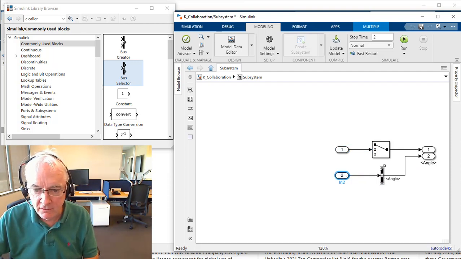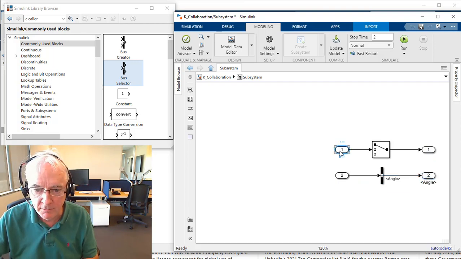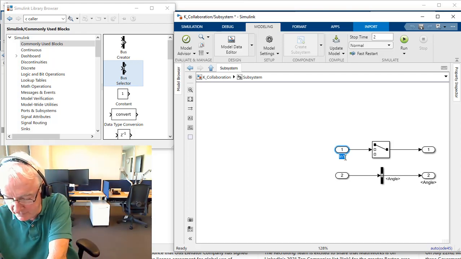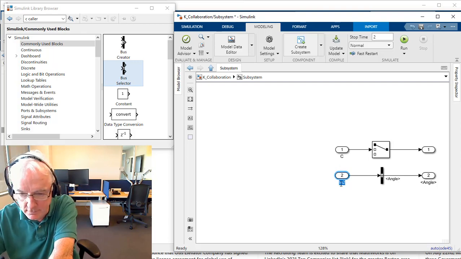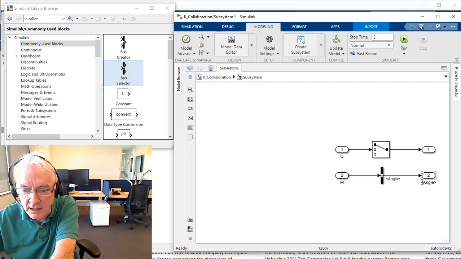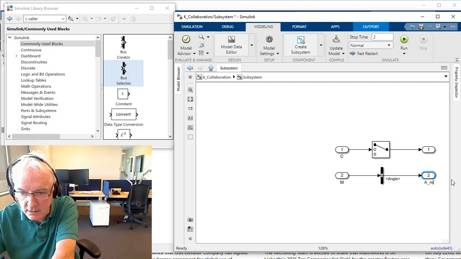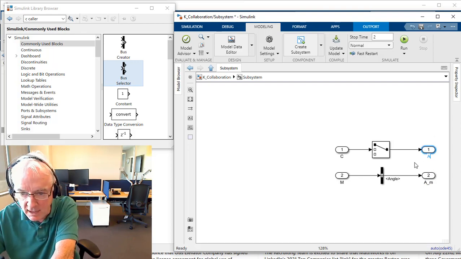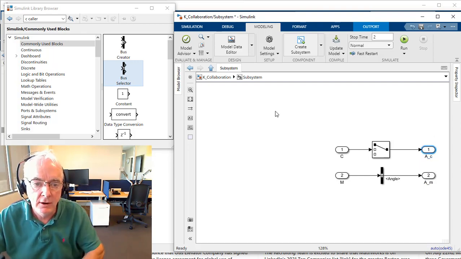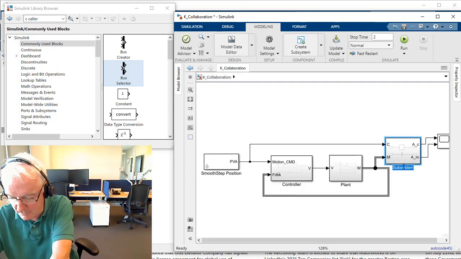I like that it's going to make things less cluttered, but let's get into what this is really about. This signal is the command. I'm going to just call it C, C for command. Okay, this is about the measurement. And on this side, I'll just call it A sub M, and here it's going to be A sub C. With that assessment, I think I'll even call it assess.